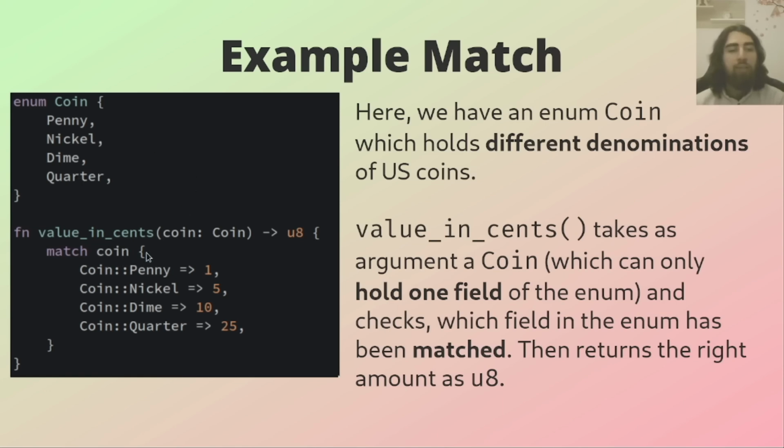Then it matches the argument, and as you can see, it matches the variants of this coin enum. Meaning, if we provide an instance of this coin enum which holds a penny variant, for example, then it will return 1, right? And this will then be the return value of this function. So for each denomination over here, it will return its proper value.